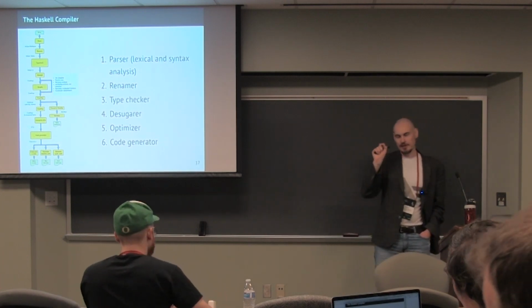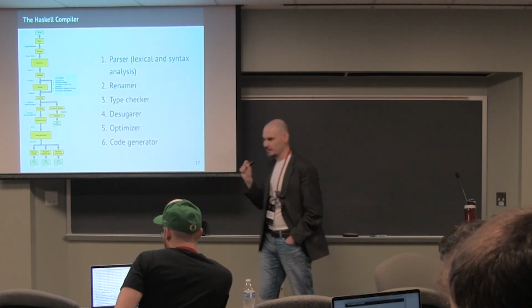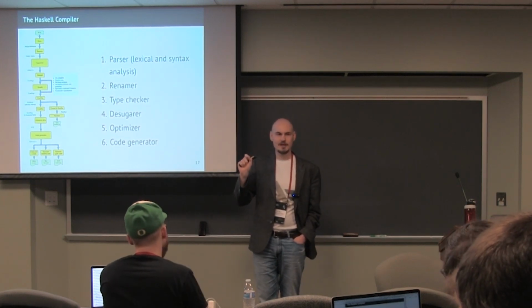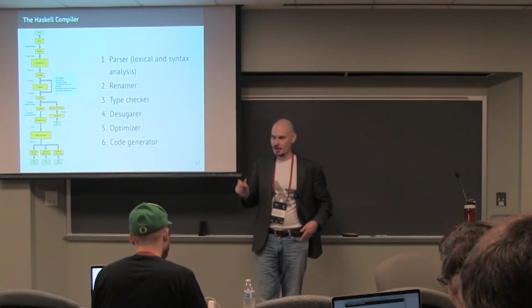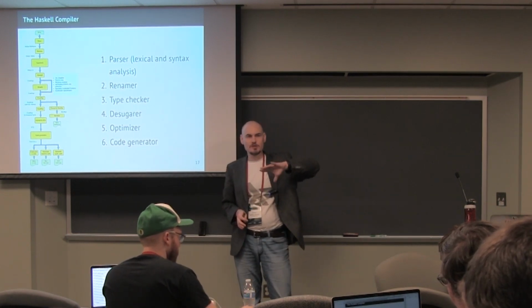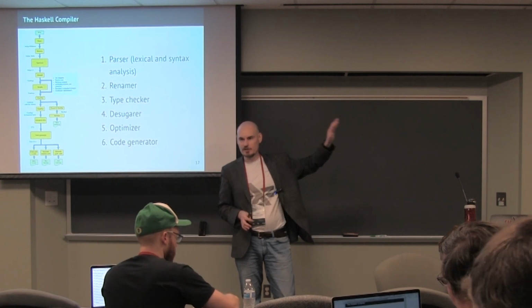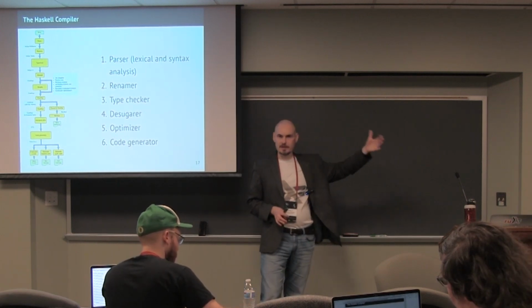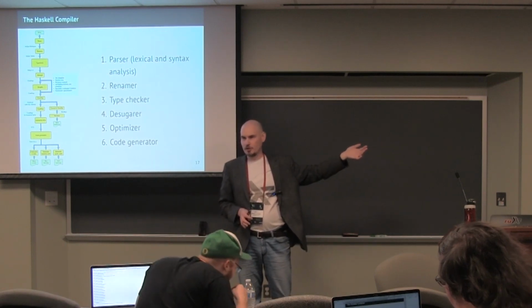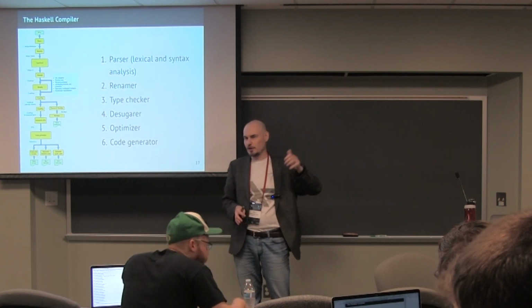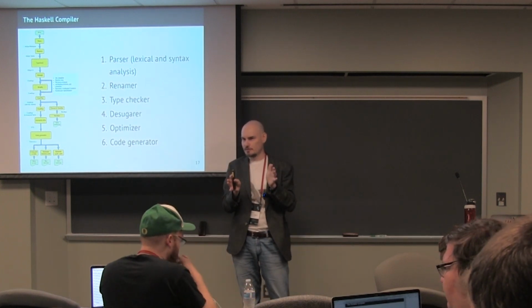Because there are actually several type checkings during compilation. After desugaring, it's almost impossible to go back to the original structure of a program. If you want to provide feedback to your user, it is very difficult to get something useful for the user when you have this desugared code.